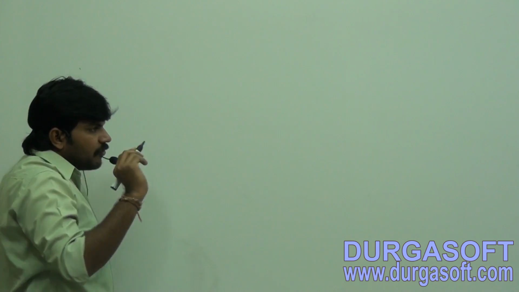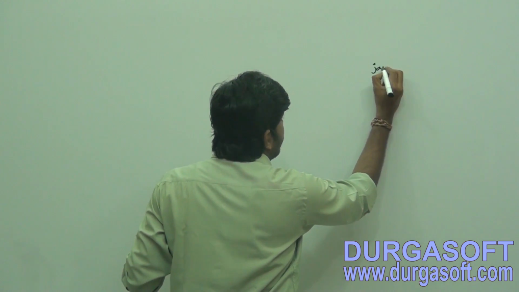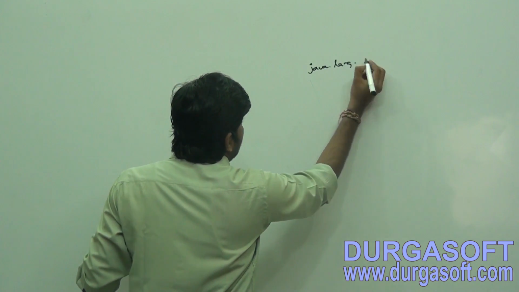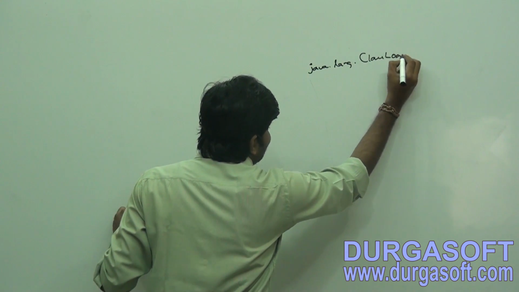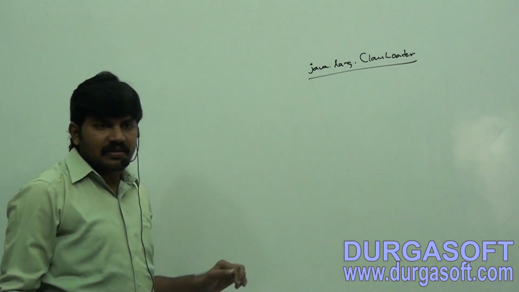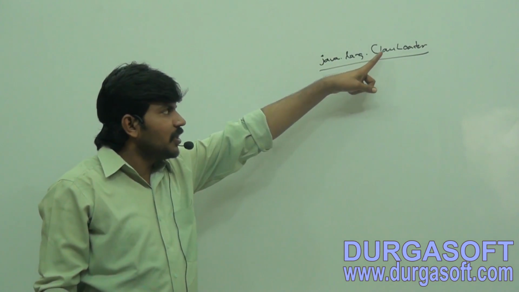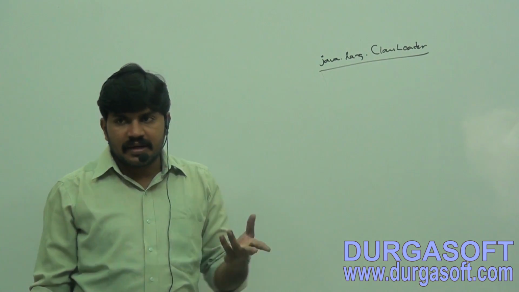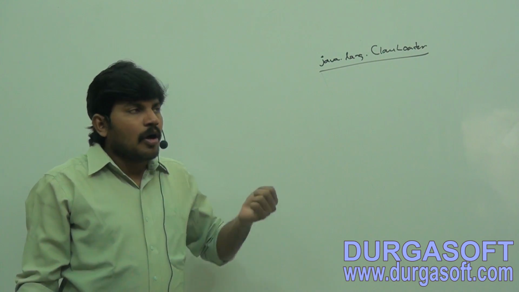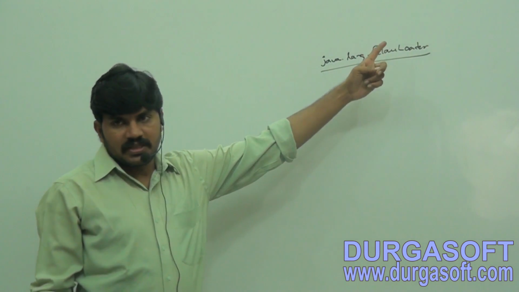Every class loader in Java, whether it is the default class loader or a customized class loader, should be a child class of the java.lang.ClassLoader class, either directly or indirectly. Then how can we define our own customized class loader? Simple, by extending this class.